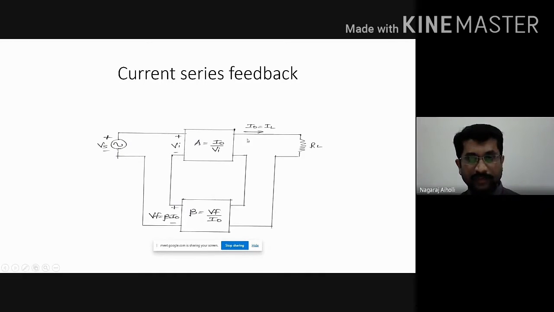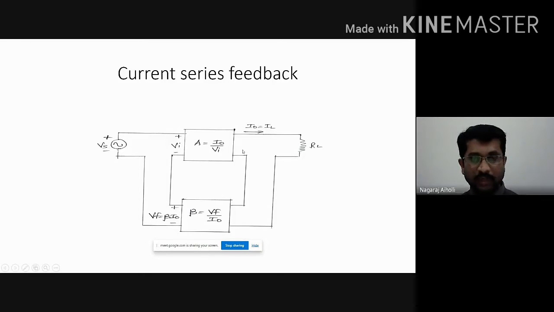The output is the current flowing through the load resistance, because in the current series feedback amplifier the current is tapped from the output and applied as input to the feedback. That is the meaning of current. And series means the output of the feedback network is in series with the input voltage. That is why it is called series.